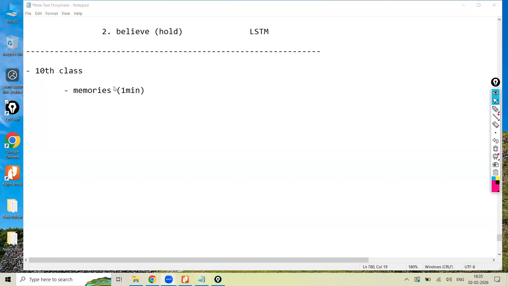Anything, positive, negative, whatever you want. Both positive memories and negative memories, fighting, everything. At that time, the time you spent with your families, friends, relatives, anything, but it should be only 10th class.